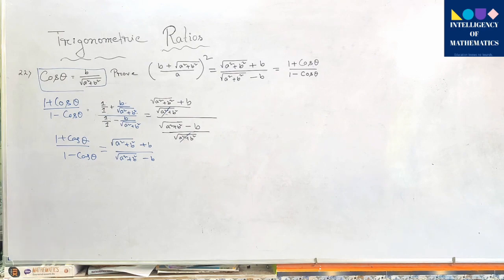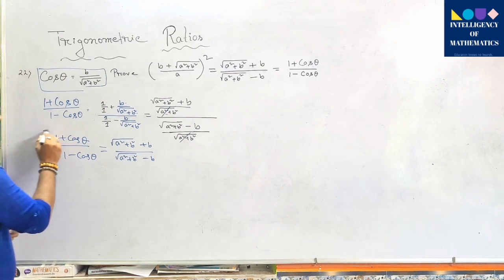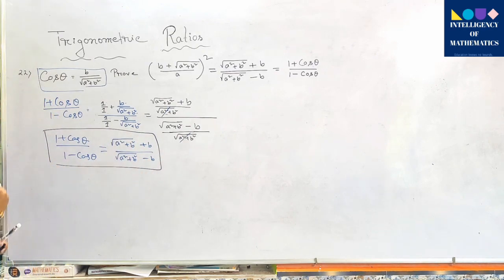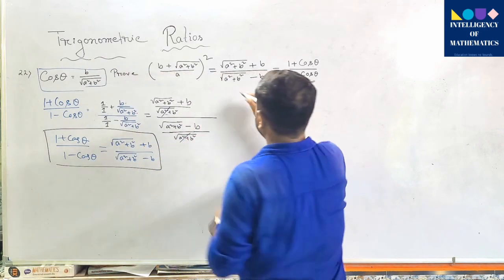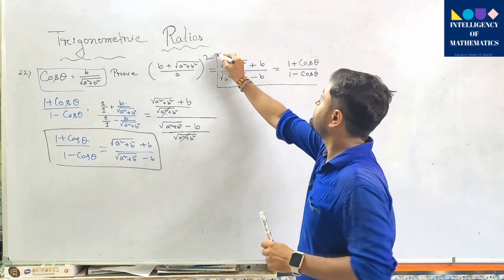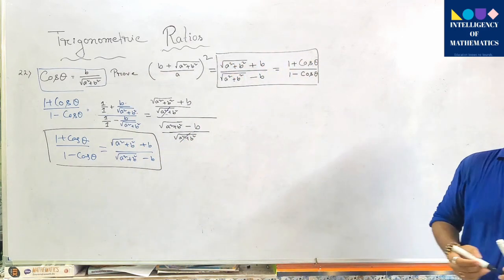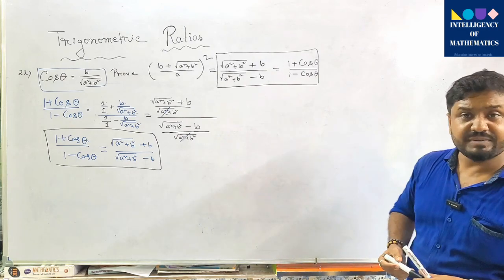Check, we have already proved something which is asked. We are getting the value of 1 plus cos theta by 1 minus cos theta, and only this has to be proved in these two terms. So already half of the work is done.